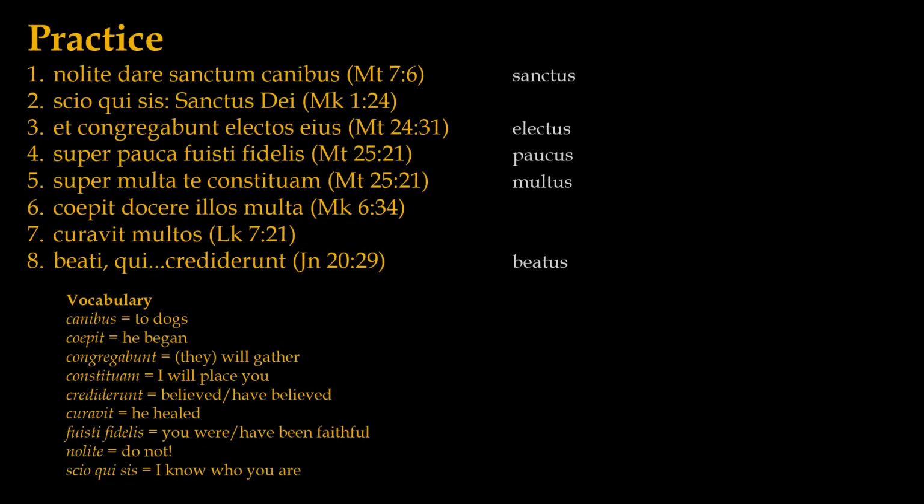Electus, elected, chosen. All right, so we looked under the vocabulary. They will gather. Congregabunt, eius means his, and his chosen will gather. And his elected will gather. His elected what? Obviously we understand that to mean, and his elected people will gather. Okay? Electos there being the substantive adjective.